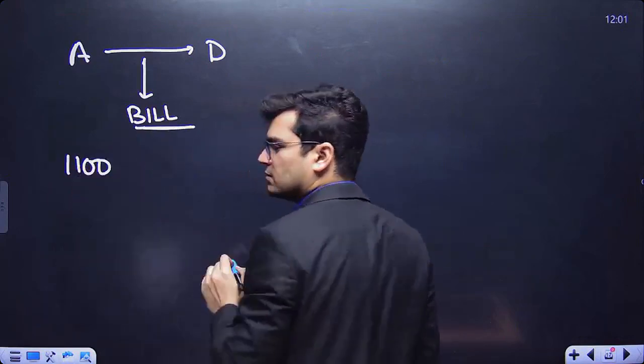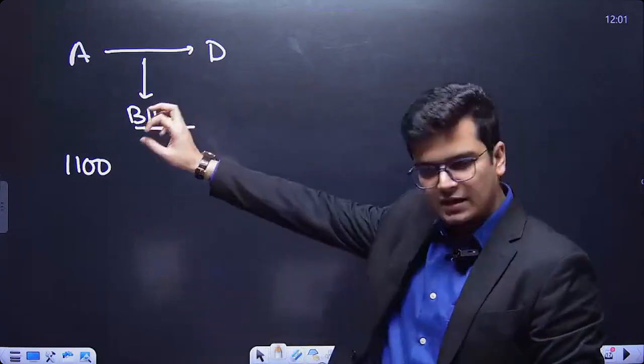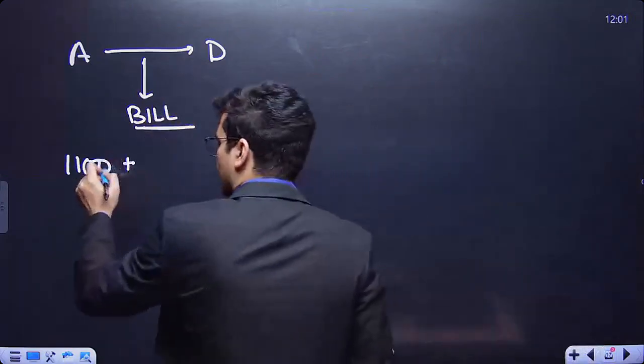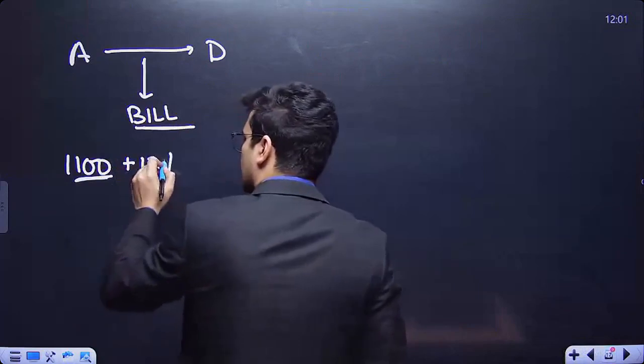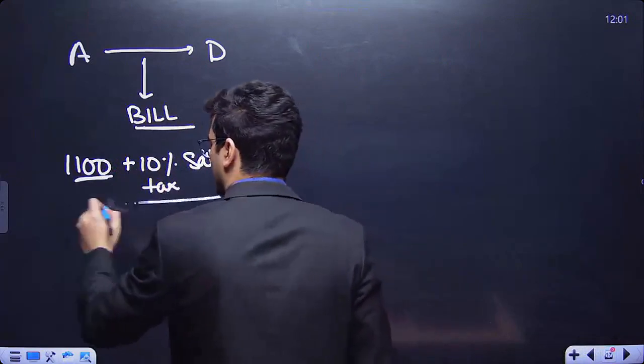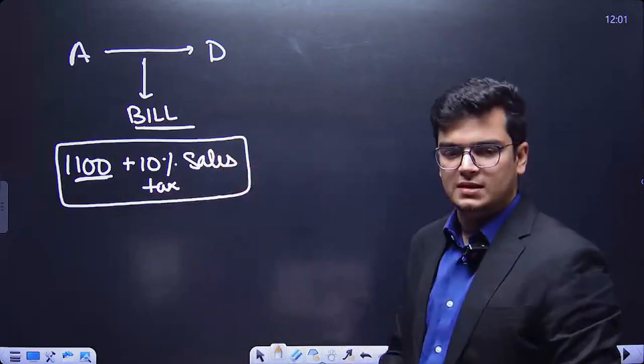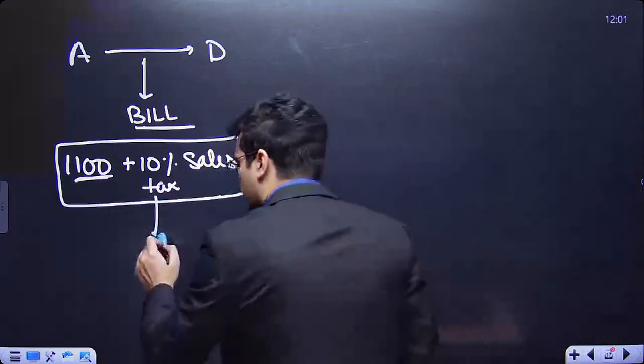1100 rupees, because they will not separate the excise duty. They will write 1100 rupees plus value of sale plus 10% sales tax, which is 110.